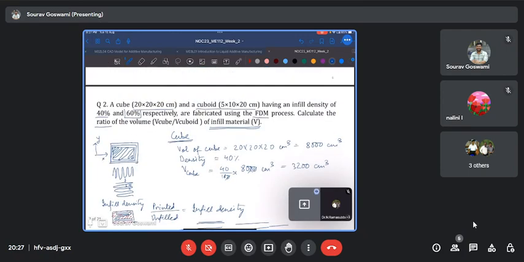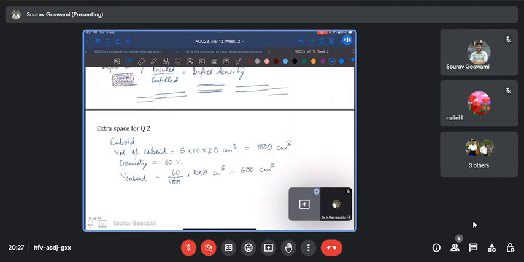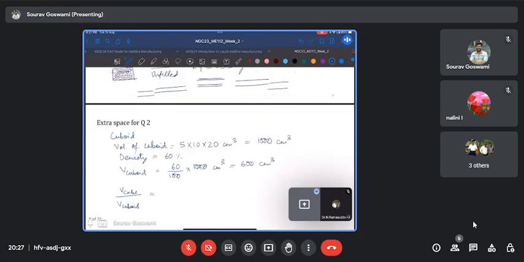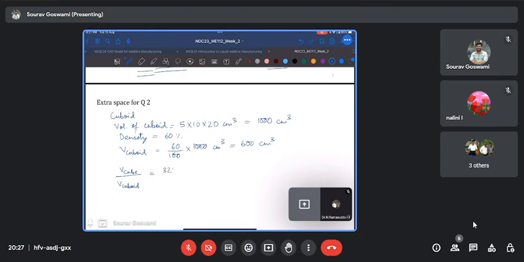Finally, I am asked to find the ratio of this volume of infill material, V cube by V cuboid. V cube is 3,200 and V cuboid is 600.